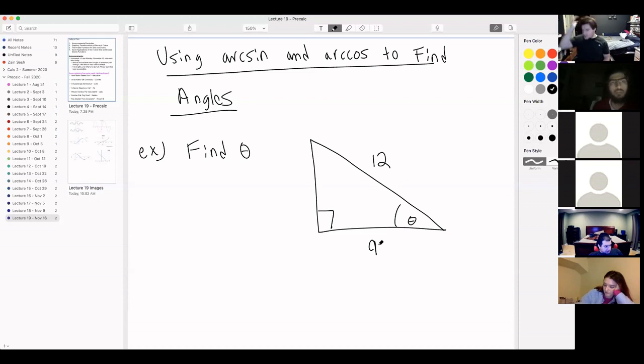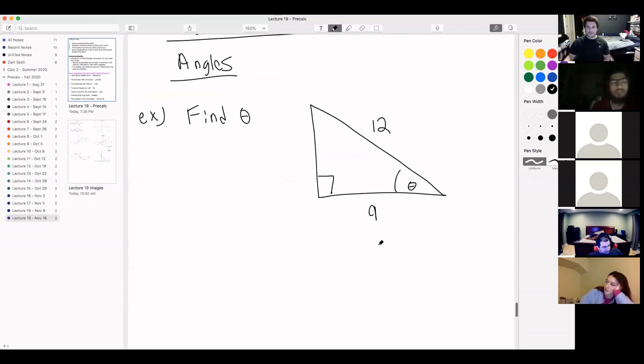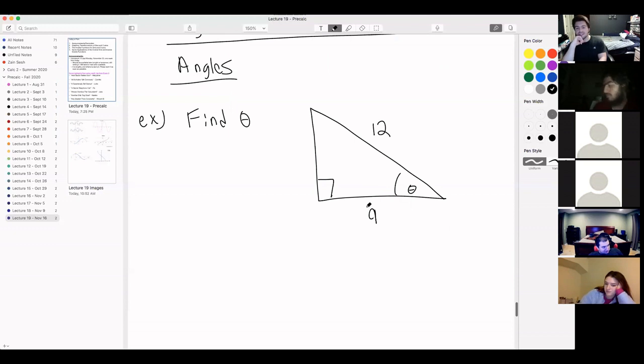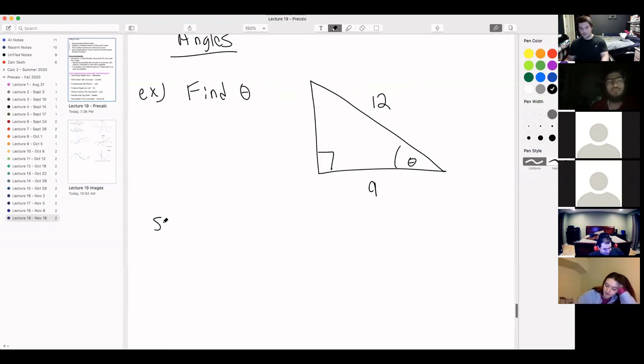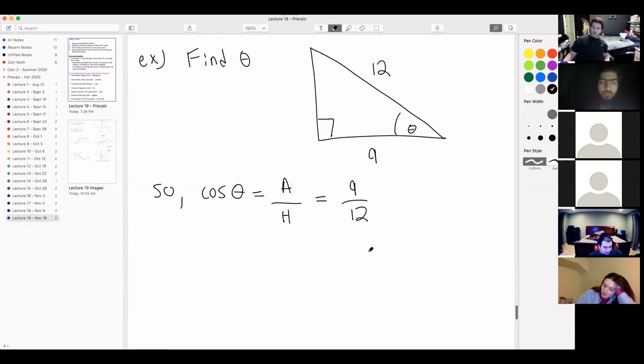So how do we do this? Look at what we're given. We're given adjacent and hypotenuse with respect to theta. Adjacent and hypotenuse give us the data for the cosine function. Cosine of theta is adjacent over hypotenuse, which in this case is 9/12.